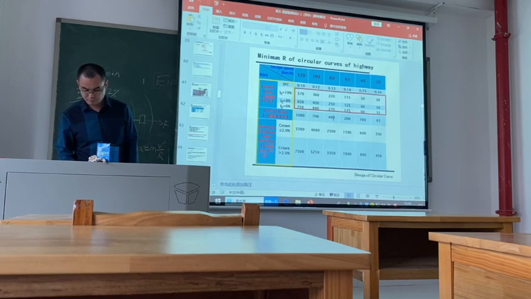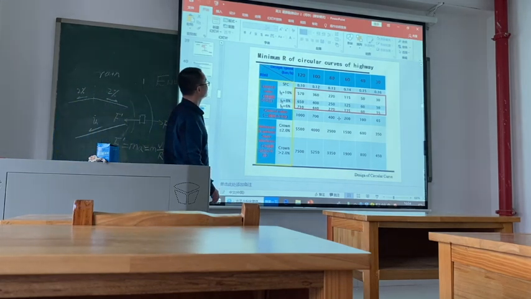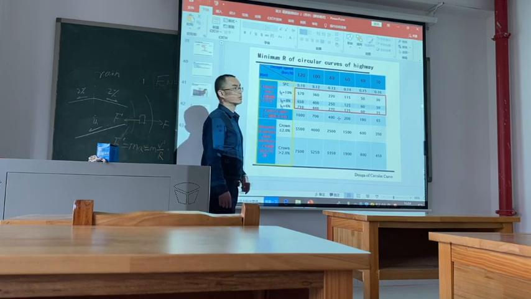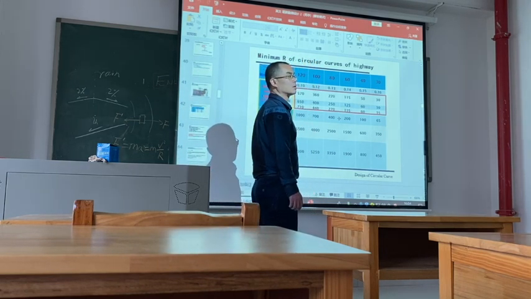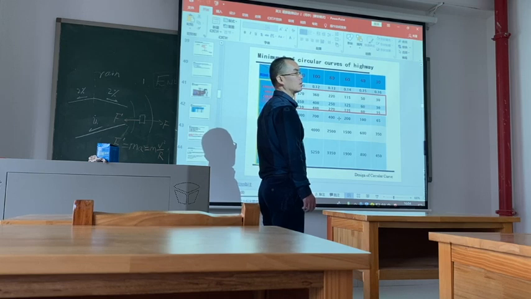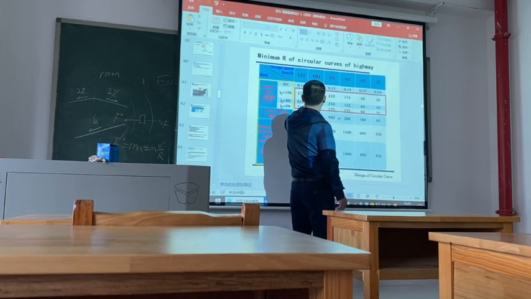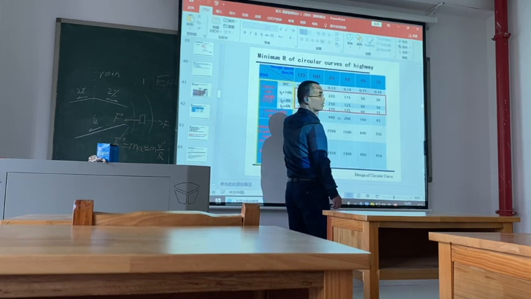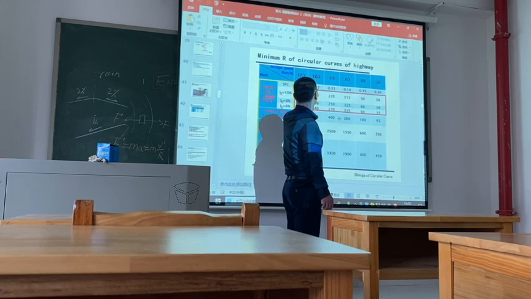So now, the minimum radius of circular curve when we are on a road with design speed 120 kilometers per hour.